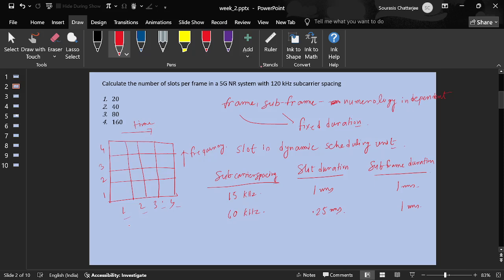No, no, no. This 1, 2, 3, 4 here. Those are the symbol numbers in the time slot. So this is the first OFDM symbol, and this is the fourth symbol.